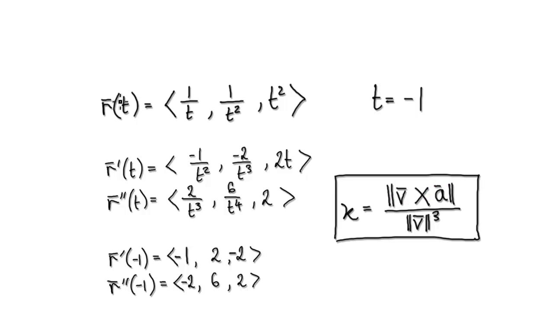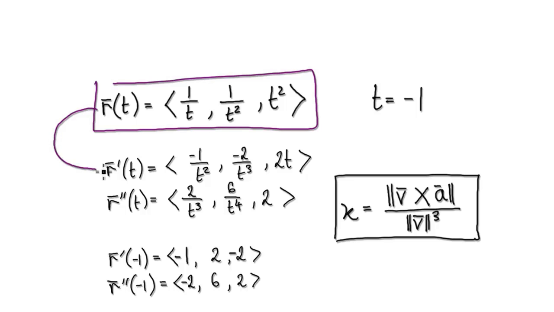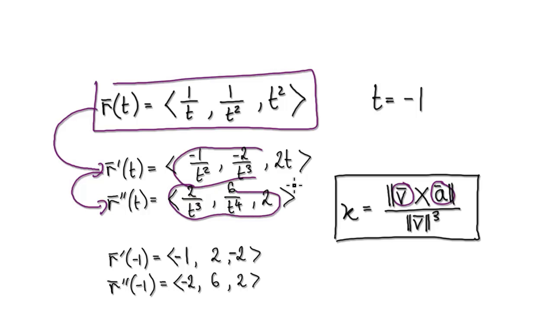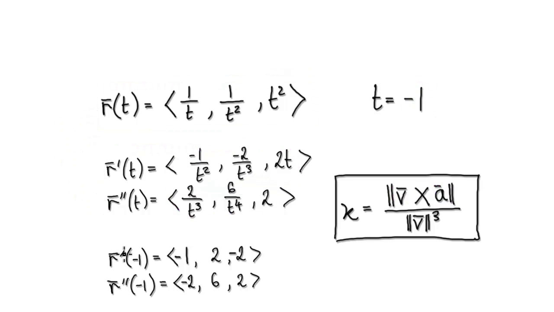So looking at the position vector, if we differentiate it once, that will then give us v, and then we differentiate it again, that will then give us a. So a is given by this whole thing here, and then because we want to evaluate the curvature at time equals -1, we would need to evaluate it at time equals -1.